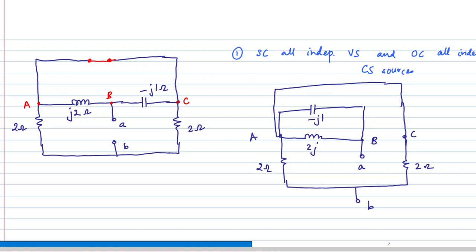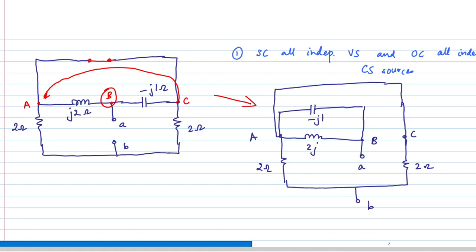If I label the terminals A, B and C as marked, we can see that C and A points are the same, so I am transferring one end of the minus j1 ohm capacitor to the point A. The other end is fixed at B, but I am transferring the C end to the A point. So the circuit will become like this, shown on the right side.